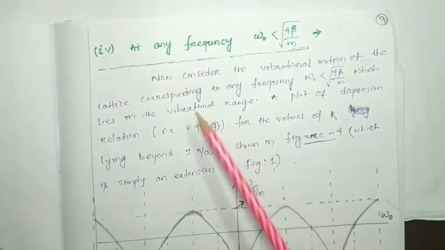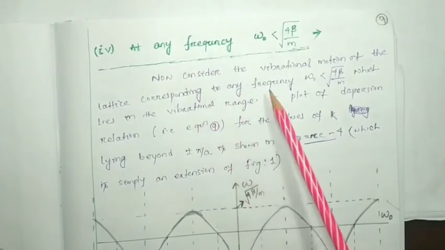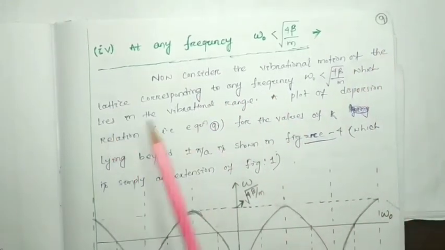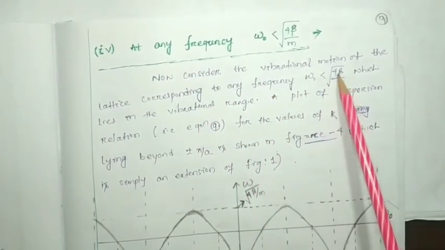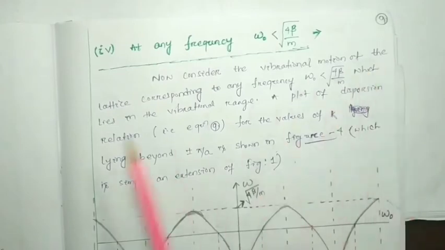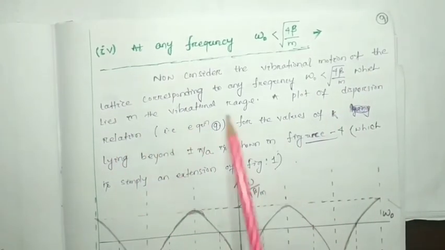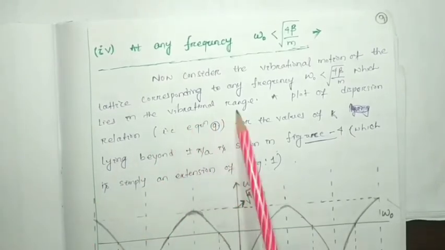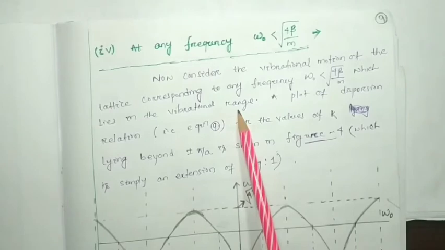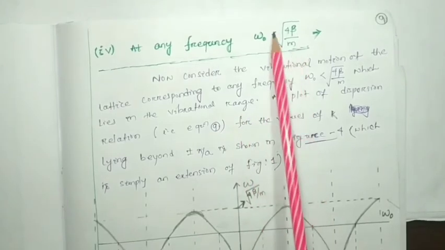Now consider the vibrational motion of the lattice corresponding to any frequency less than the root of 4 beta by m, which lies in the vibrational range, and we defined just before that the vibrational range in the lattice will be from 0 to this much.